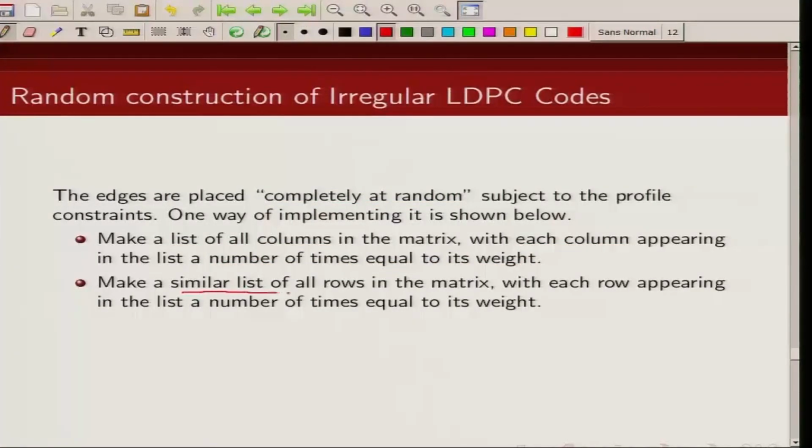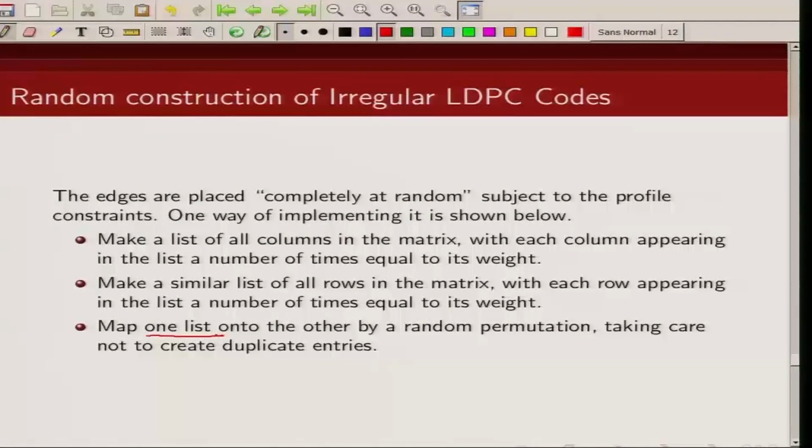Similarly, you make a list of all rows in the matrix such that each row is repeated equal to its weight, and then you map one list, which is the list of columns, into the other list, which is the list of rows, by random permutation, making sure that there is no duplication. So you just create a link from the list of columns to the list of rows, and this way you can construct an irregular LDPC code which will satisfy the degree distribution profile.